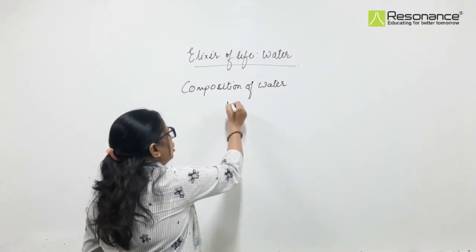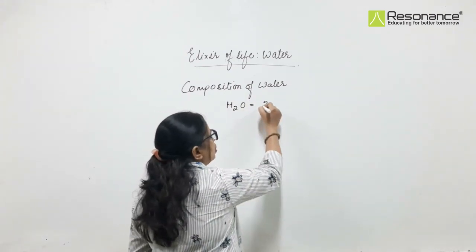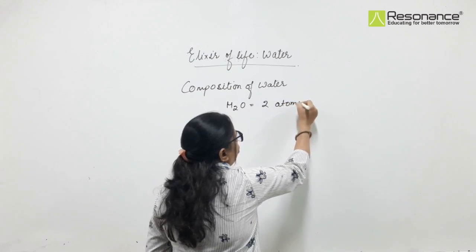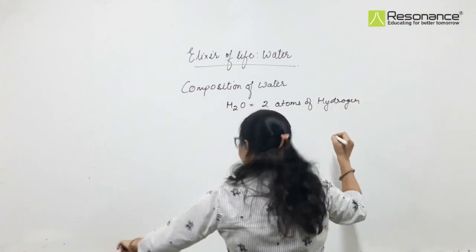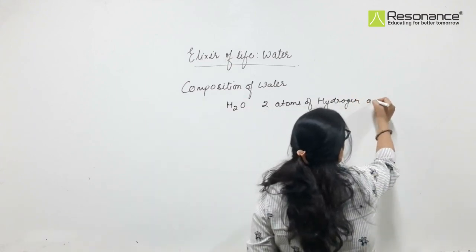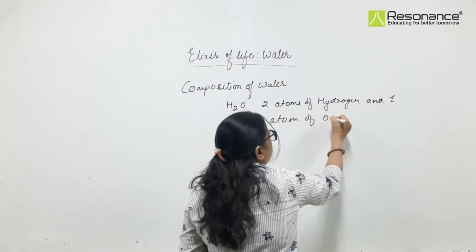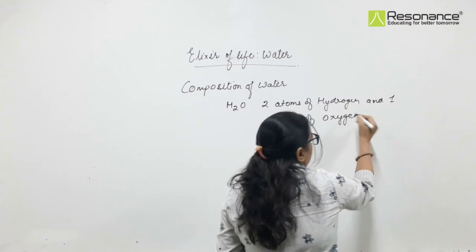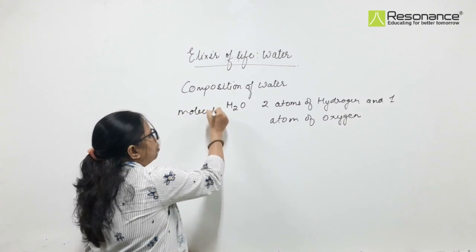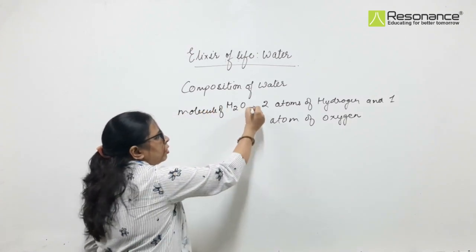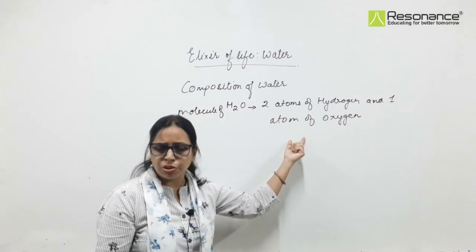Water has the molecular formula H2O, that means 2 atoms of hydrogen and 1 atom of oxygen are needed to form a molecule of water. One molecule of water is formed by 2 atoms of hydrogen and 1 atom of oxygen.